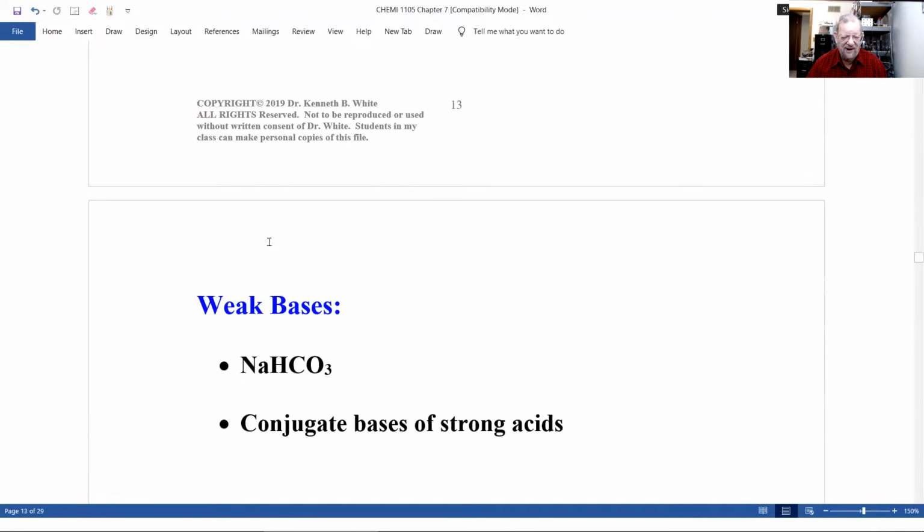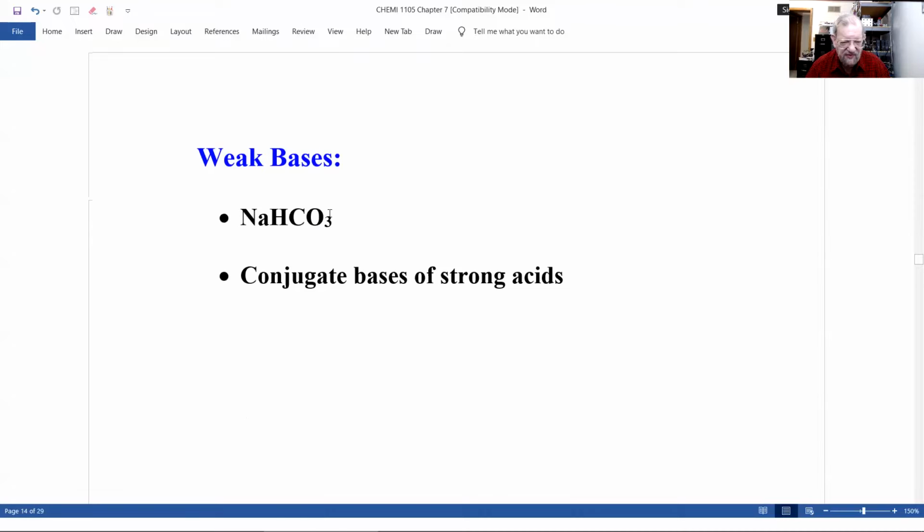Now, you can also have weak bases. As I mentioned yesterday, sodium bicarbonate, NaHCO3, which is found in baking powder, is a weak base, which is why you can use it in cooking.